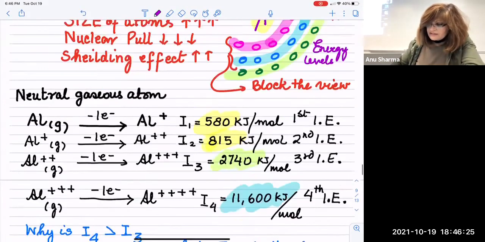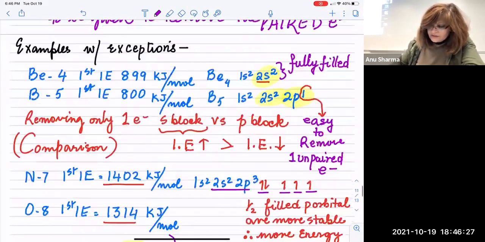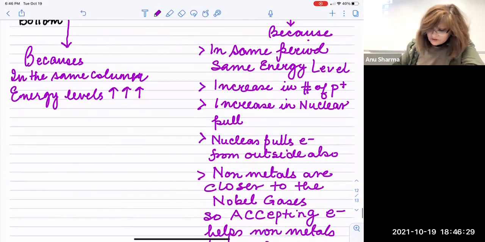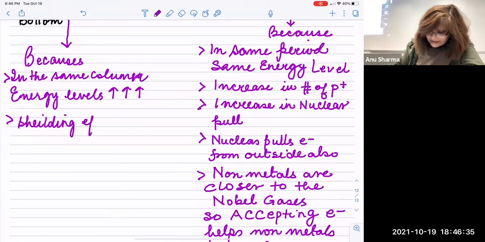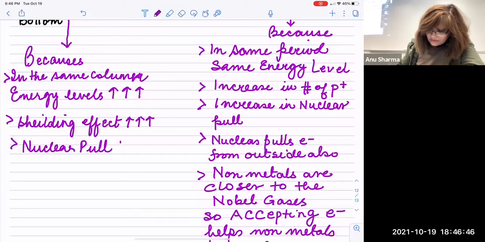As the energy levels increase, the shielding effect increases, right? And when the shielding effect increases, the nuclear pull goes down.